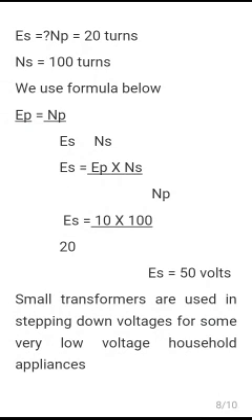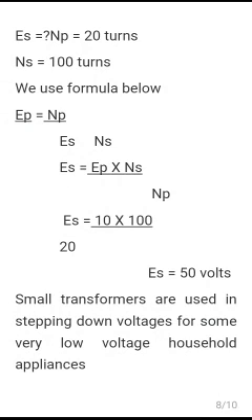So 20 in 20 gives you 1, 20 in 100 gives you 5. 5 times 10 now gives you 50, and that is where we have our secondary voltage as 50 volts.